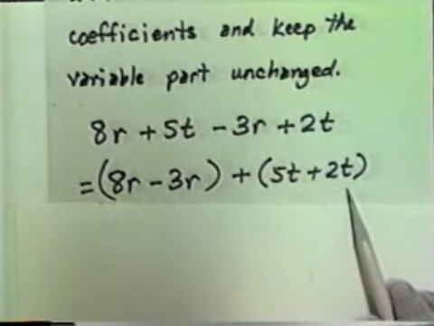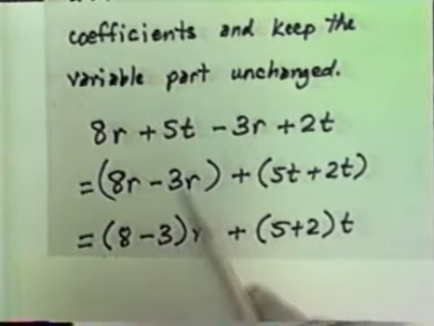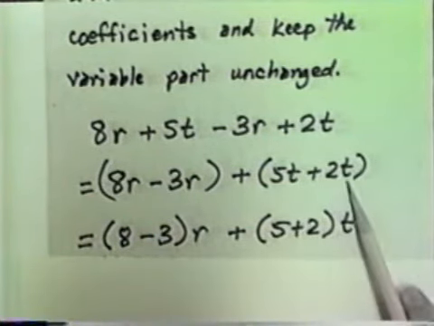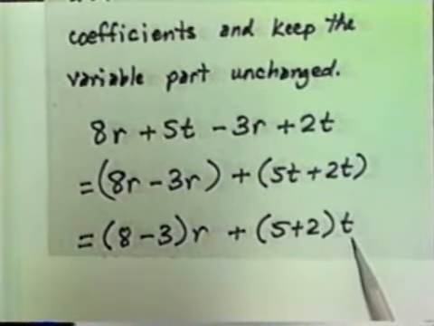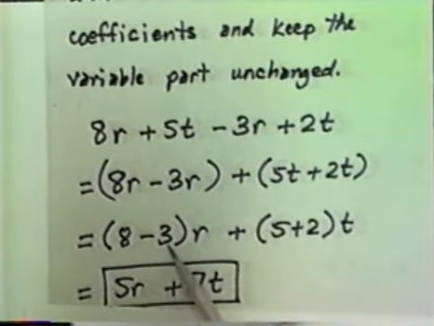And then 8r subtract 3r can be found by taking 8 subtract 3 before the r. 5t plus 2t can be found by adding 5 plus 2 before the t. 8 subtract 3 is 5. 5 add 2 is 7, and so we get 5r plus 7t.